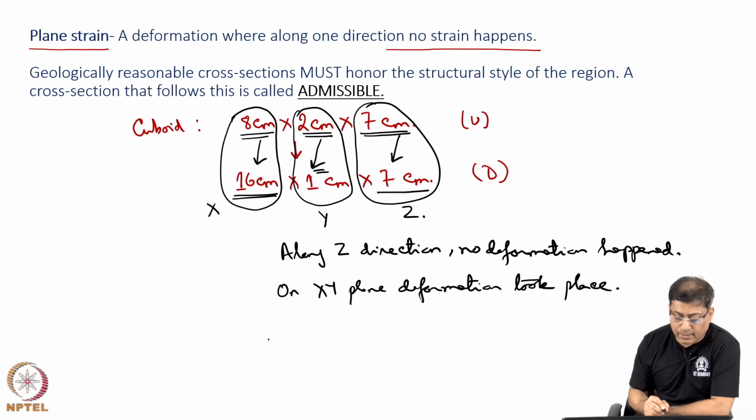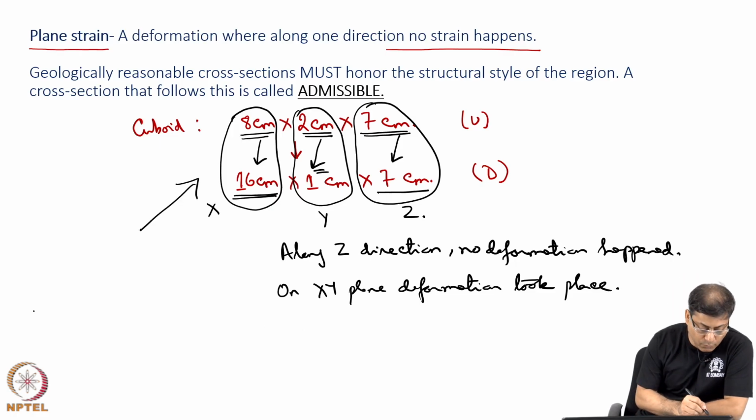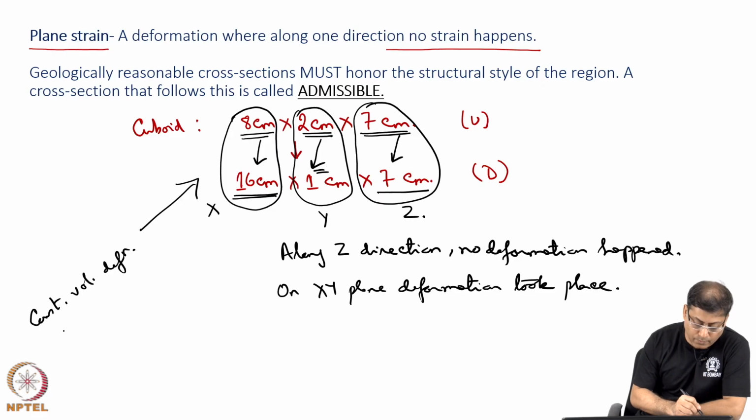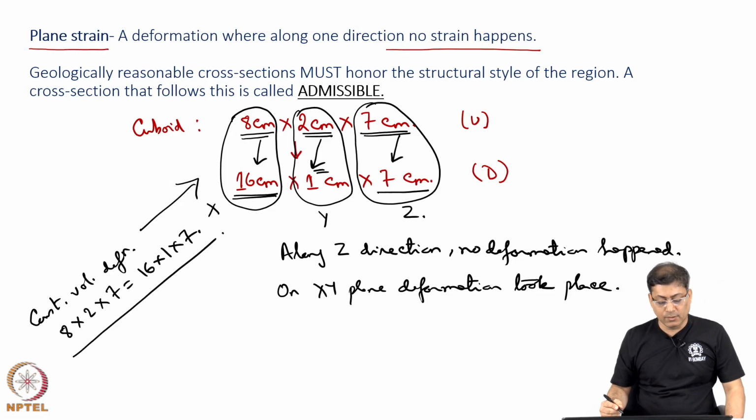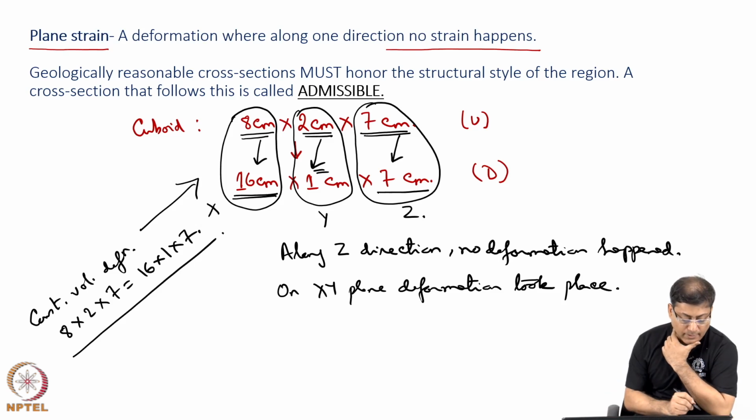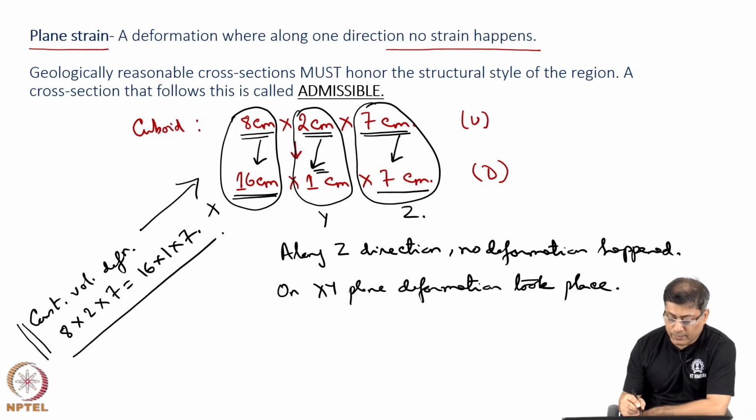Also we can see that in this situation it is a constant volume deformation, because 8 multiplied by 2 multiplied by 7 is equal to 16 multiplied by 1 multiplied by 7. So, no volume change has happened, no volume increase, no volume decrease has taken place in the cuboid. When it is a constant volume deformation, it is possible that along one of the directions, along z direction, there is no strain.